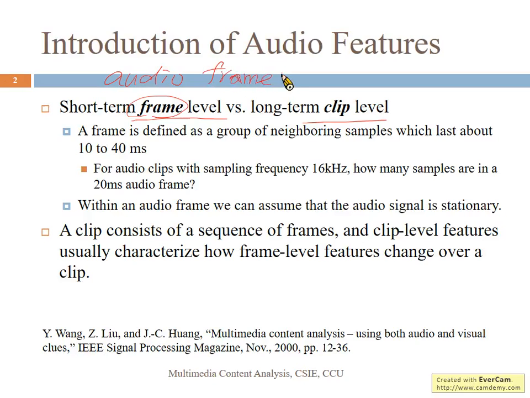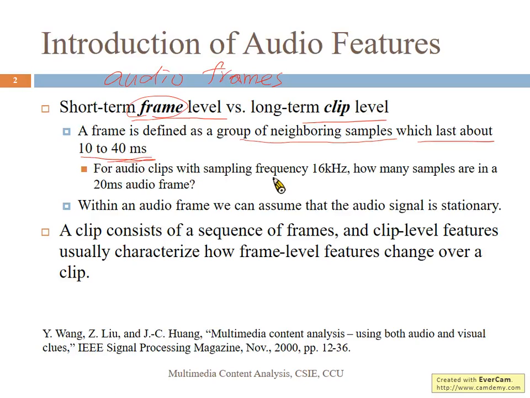As we said before, we assume that within each audio frame, the property of the audio signal in such a short time period is stationary, and then we can transform this short time audio signal into the frequency domain. Therefore, the audio frame is defined as a group of neighboring samples which lasts about 10 to 40 milliseconds. This is a very, very short period.